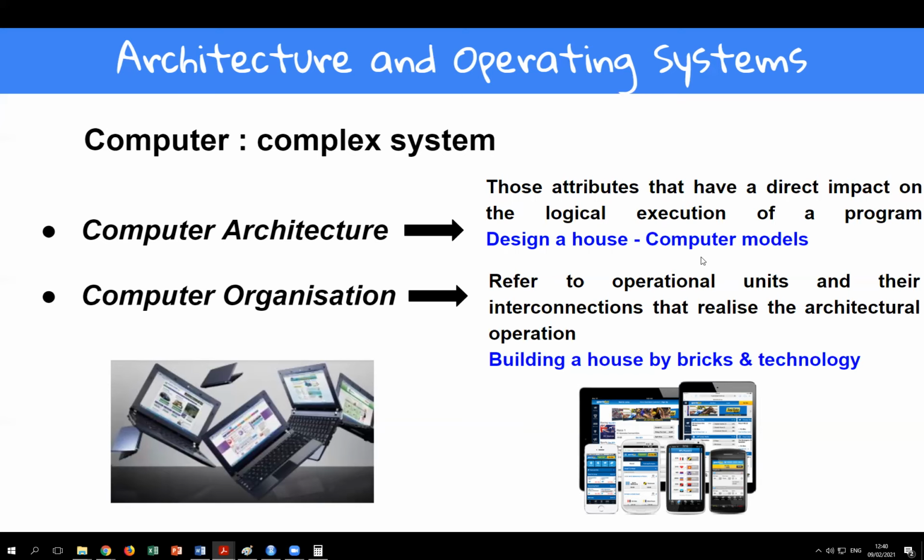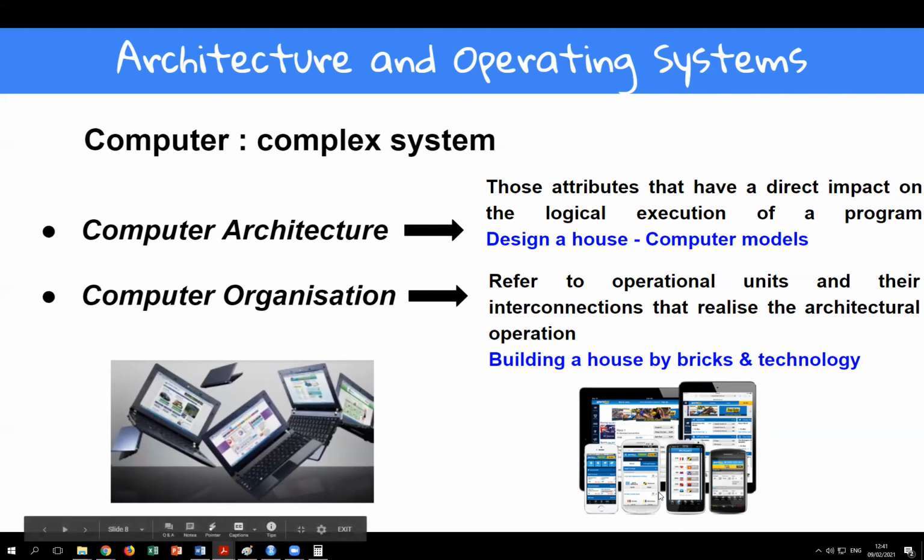So this is the difference between architecture and organization. In architecture, the logical execution of a program is considered. In organization, we consider the different components and units we need to put together to actually do the operations.